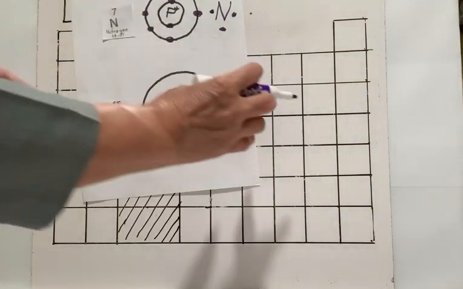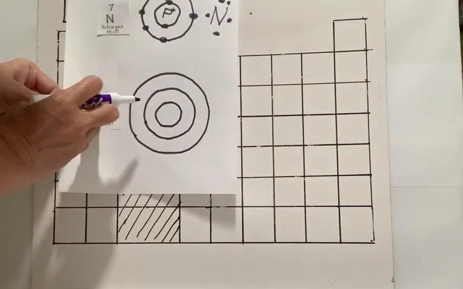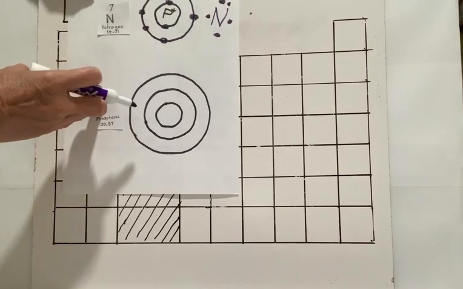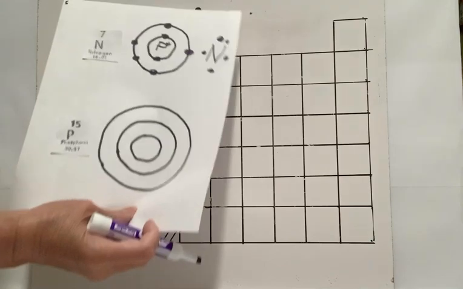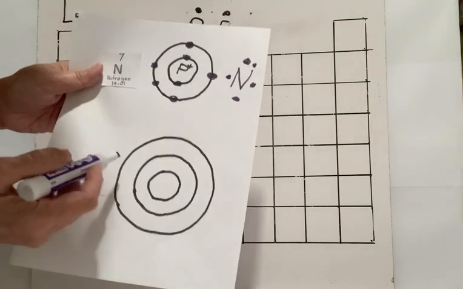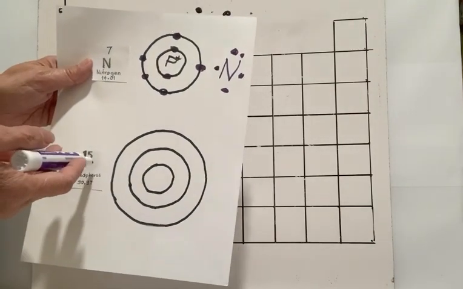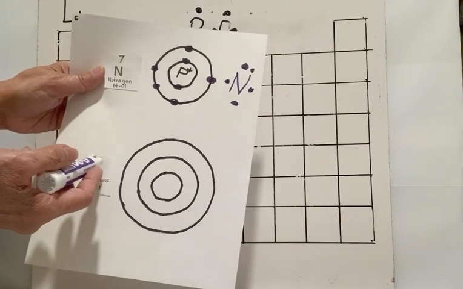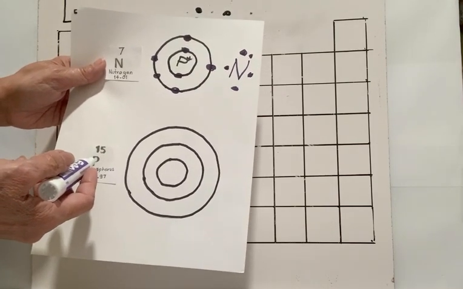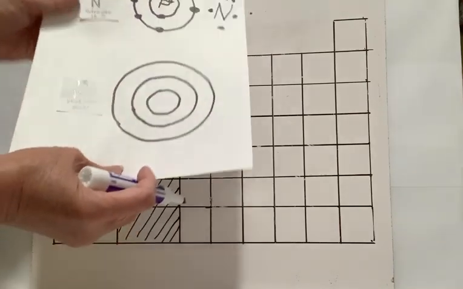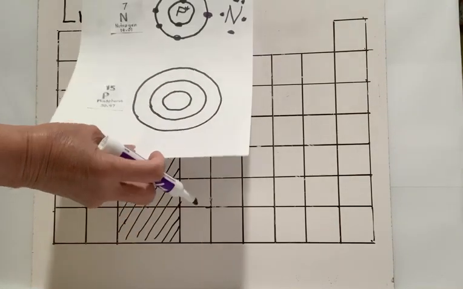What about phosphorus? Phosphorus has 15 atomic number, therefore 15 protons, and the phosphorus atom is neutral, therefore it contains 15 electrons as well.